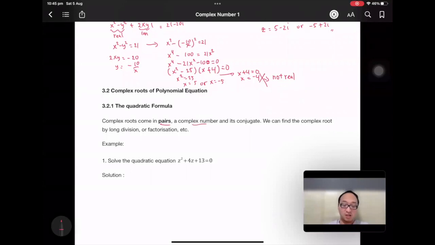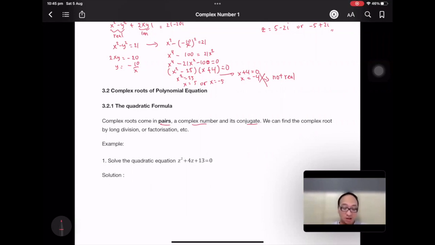So the complex root and its conjugate are always in pairs. We can find the complex roots using the long division method. We can use factorization, the factor theorem, and so on, as we solve polynomials with normal numbers.